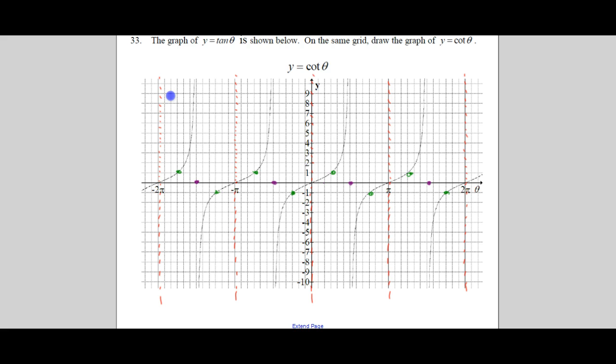And then shape-wise, these guys are going down and getting small, so these guys are climbing and going up. These guys are going down and getting small negatives, so they're going to become large negatives, and then we're just going to join this up. And then lather, rinse, repeat.